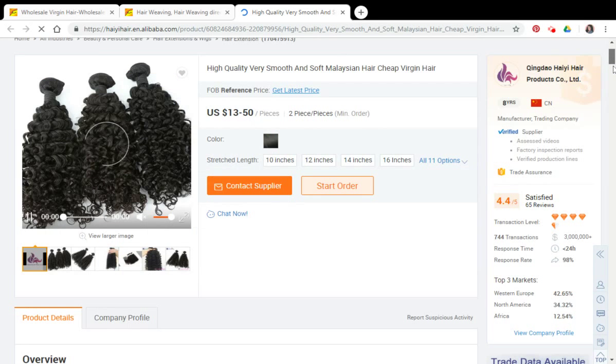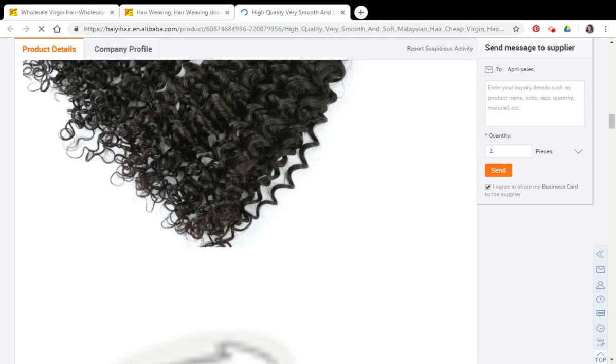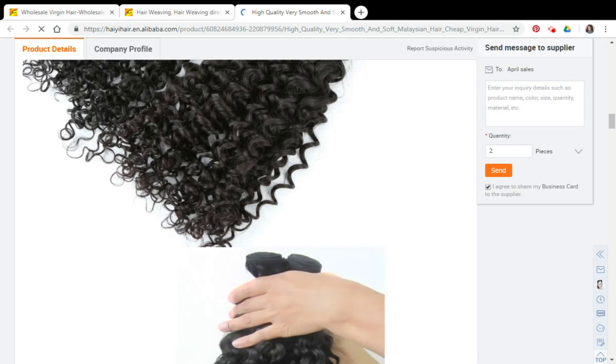So let's scroll down and see what the profile as a whole looks like. Basically, if you're looking for a satisfactory vendor, I would say 85 to 90% of the vetting criteria should be matched.